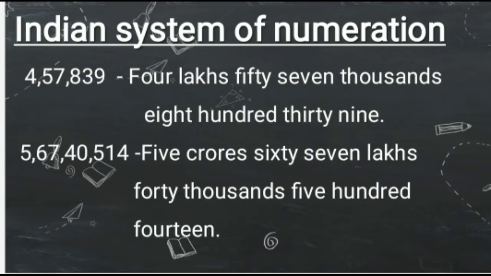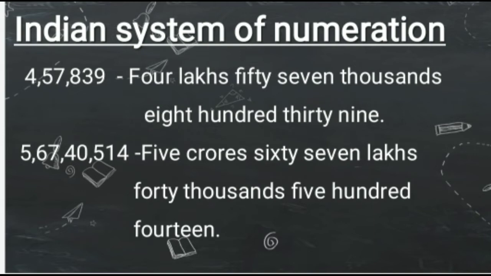Indian system of numeration. To read and write the names of large numbers, we use the Indian system and the international system. In the Indian system, the placing of commas is very important. The first comma is after 3 digits from the extreme right, and then the next commas are after every 2 digits. So look at the first example.